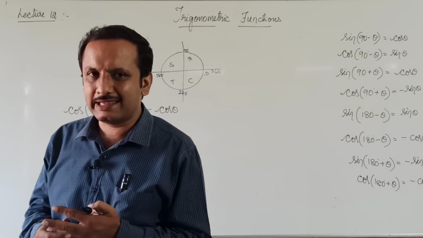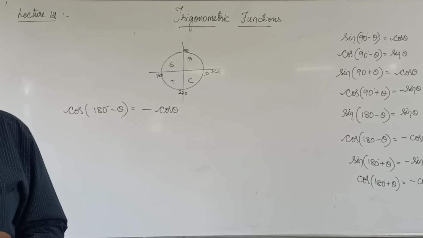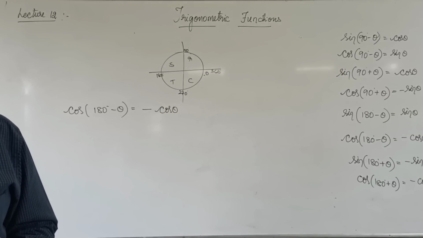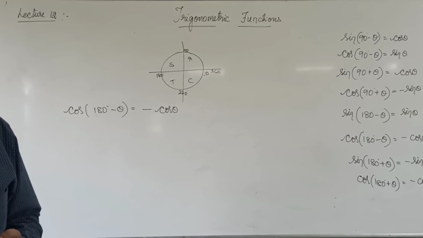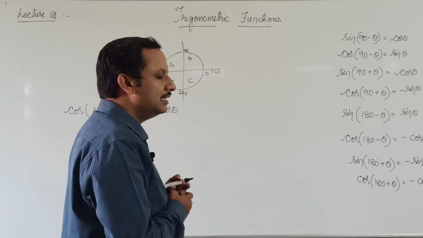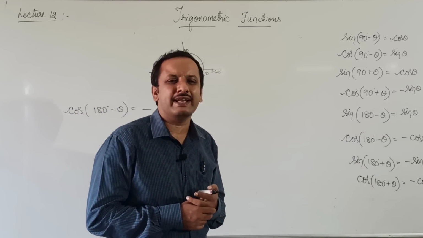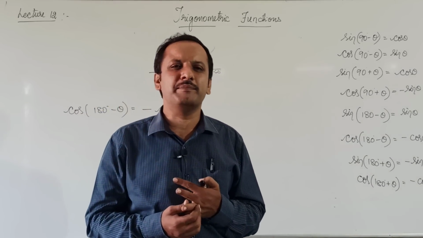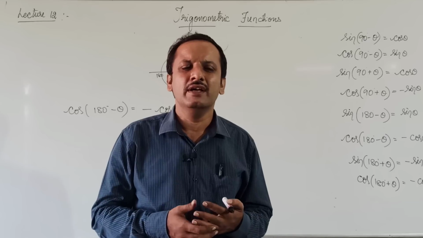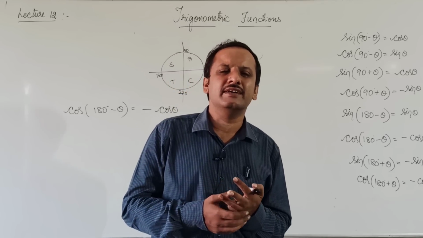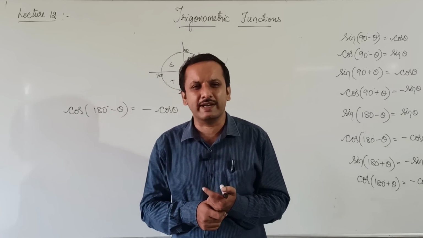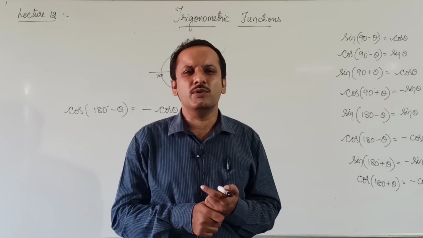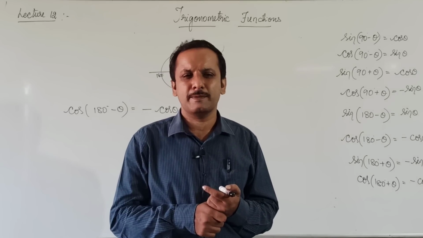So let me tell these rules again. First step, identify which quadrant theta lies in. Then second step, write the plus sign or minus sign depending on whether the given trigonometric function is positive or negative in that particular quadrant.